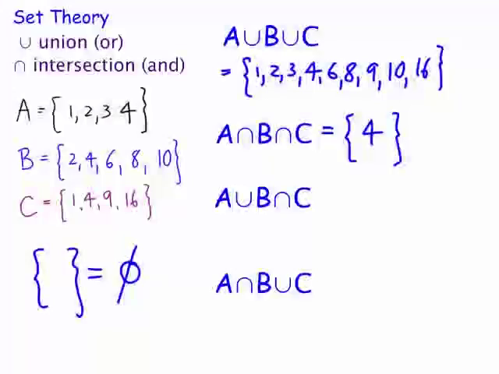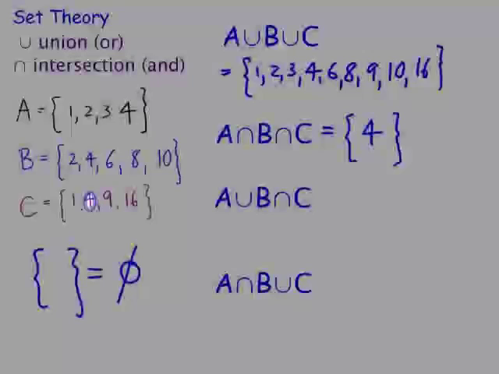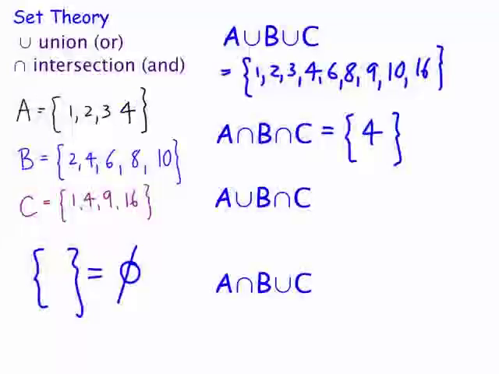What else? C has a 4, and obviously there's a 4 here as well, but that's already accounted for in the union of A and B. So it looks like there are only 2 elements in this one: a 1 and a 4.